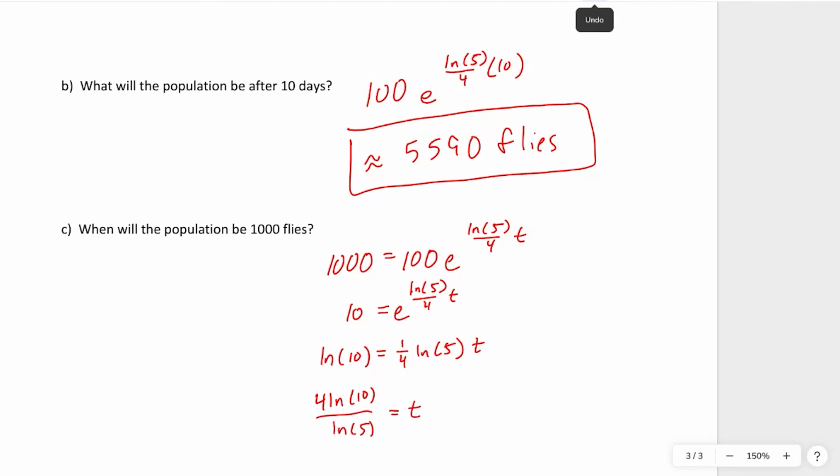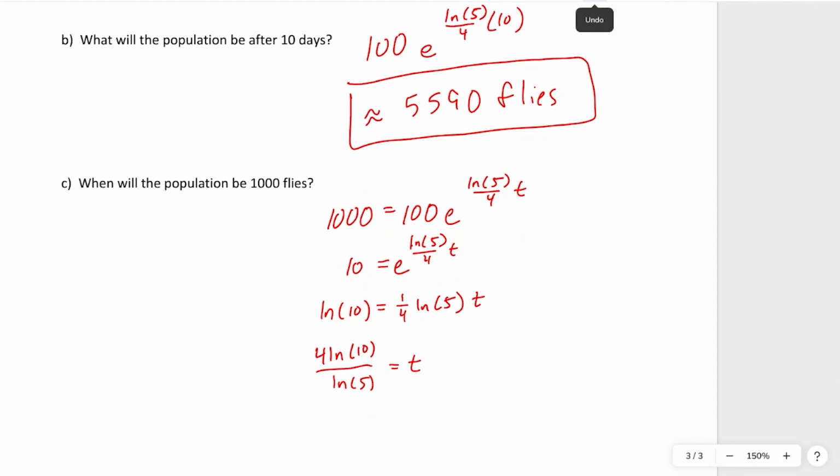That's our t. This is in terms of days. So if we want a more understandable answer, 4 natural log of 10 divided by natural log of 5 is roughly 5.722 days.